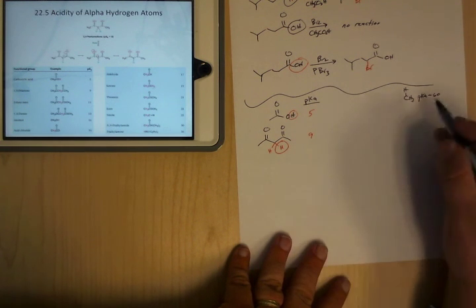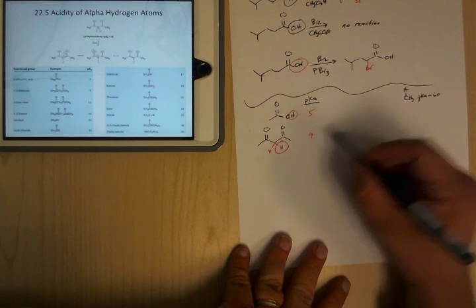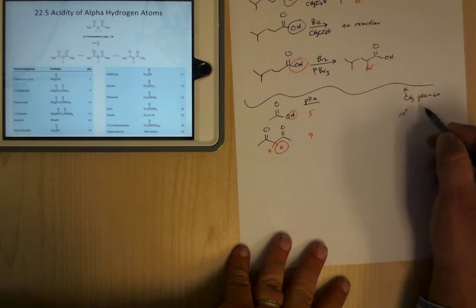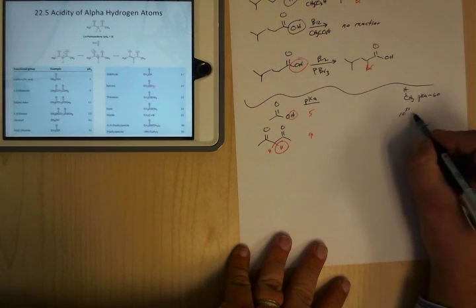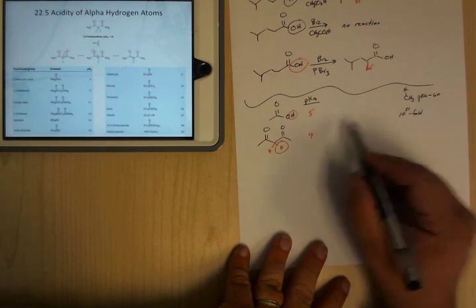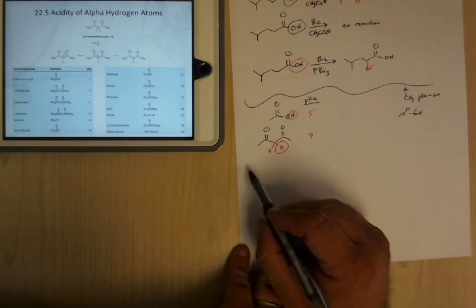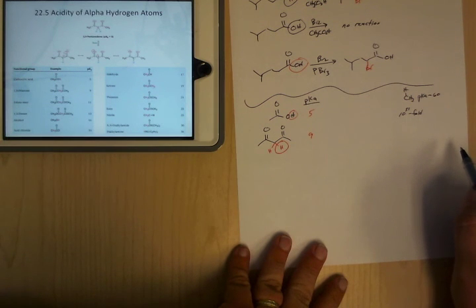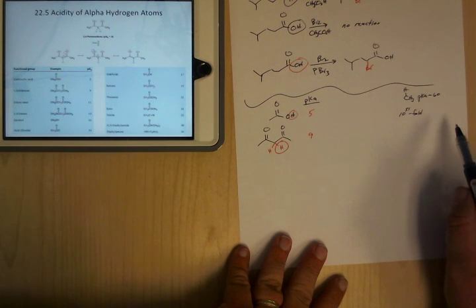So that hydrogen there is 10 to the 51 fold more acidic. It's a 1 with 51 zeros times more acidic.